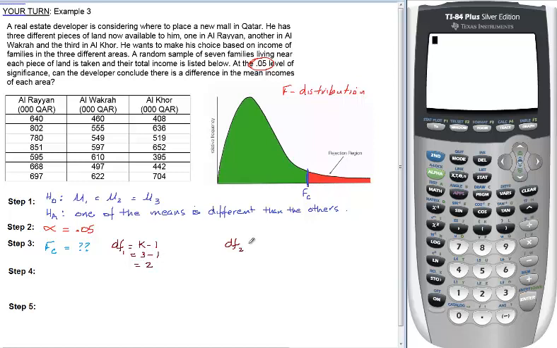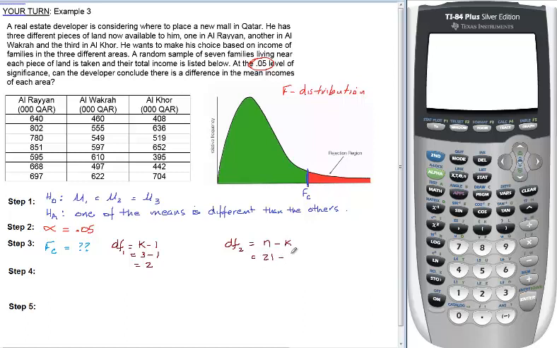Degrees of freedom of the denominator is the total number of observations, in other words the sample size, minus the number of categories, so n minus k. Now the total number in our sample, we have 3 different areas times 7 in each one, because sometimes they're not all equal. 7 times 3, just add them all up, and of course it'd be 21.